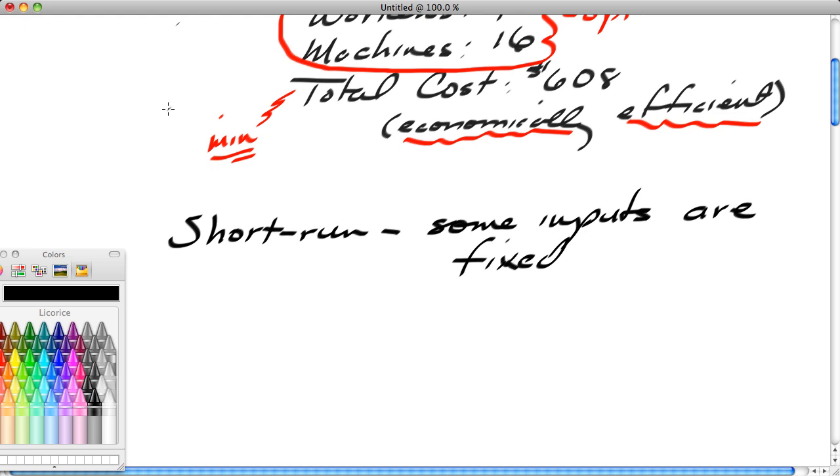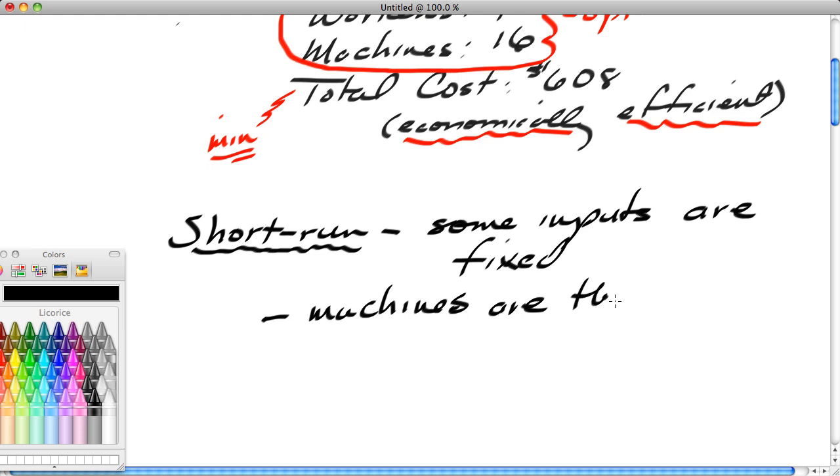So this concept is helpful because it describes something that actually happens in the business world, that business people over short periods of time can change certain inputs readily, but can't change other inputs. There's just not enough time to change those inputs. Those inputs that can't be changed in the short run are called fixed inputs. Okay? In our example, machines are the fixed input.